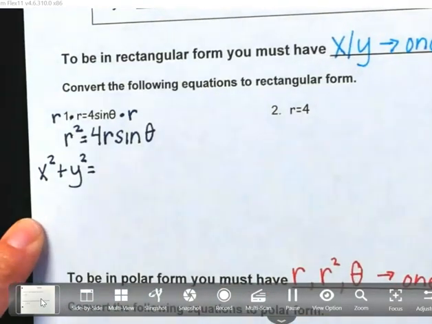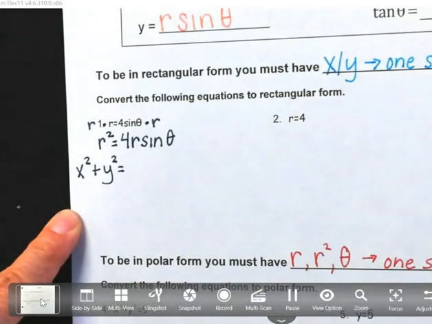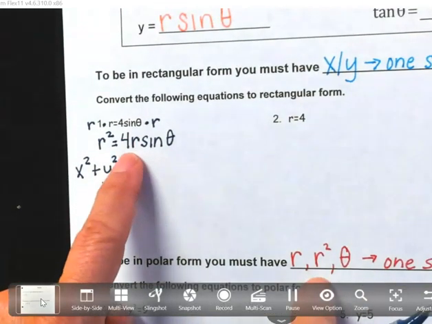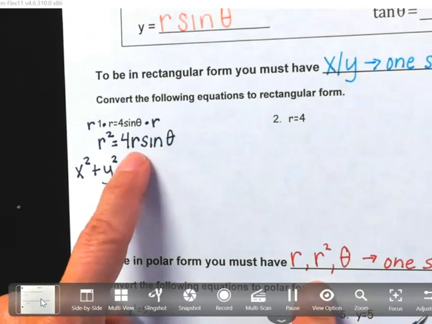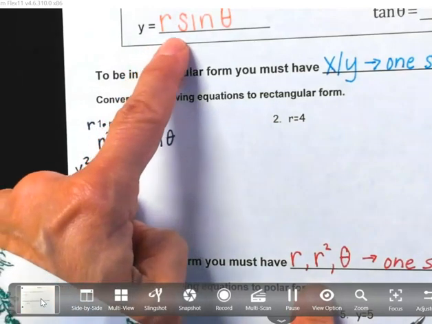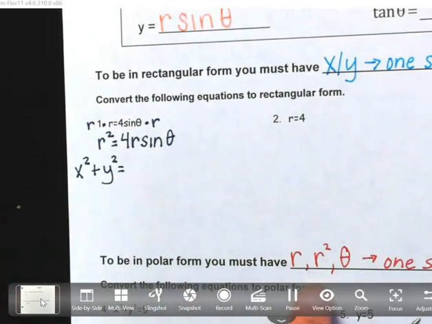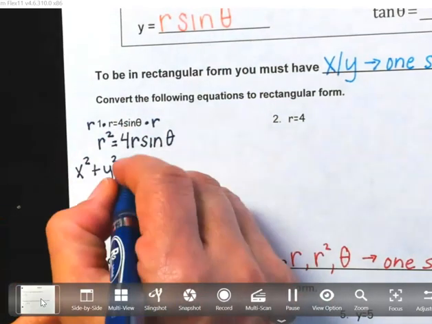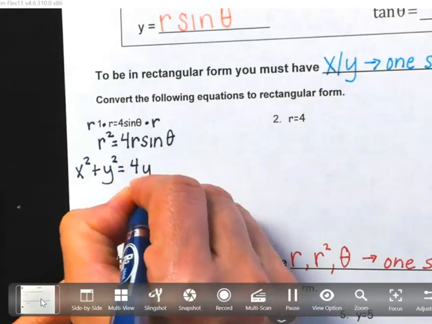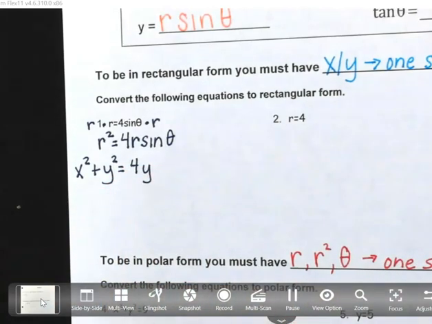Oops, I'm zoomed out too much. That's what that means. And then look, ignore the 4, but look, r sine theta, r sine theta. These last 3 pieces is the letter y. So this is going to be 4y. And then that's it.